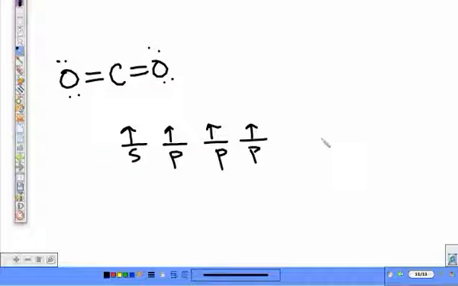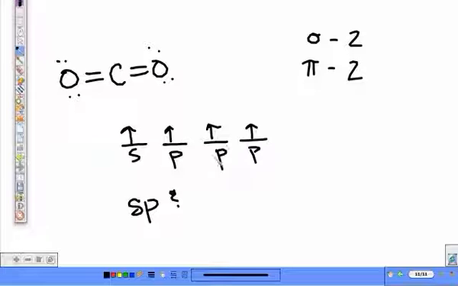And how many sigma bonds? 2. And how many pi bonds? 2. So that means 2 of these do not hybridize, correct? 2 of them do. So these 2 that hybridize we call sp. And then we have these 2 separate. So carbon's in the second energy level, so we say it's 2p, and then you can pick x, y, or z, so we'll pick x. And then also a 2p, z, doesn't matter.